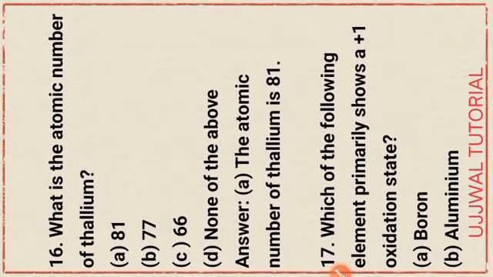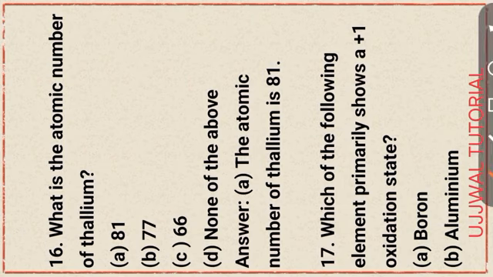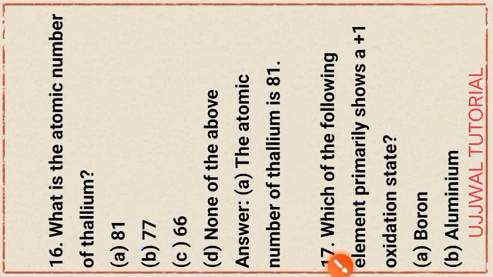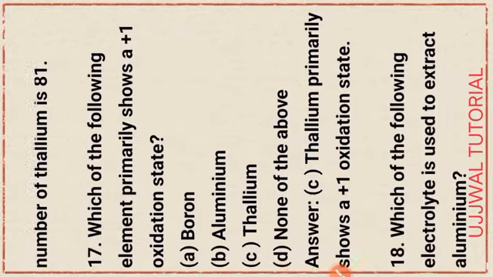Next question, question number 16. What is the atomic number of thallium? Option A, 81. The atomic number of thallium is 81. Next question, question number 17.